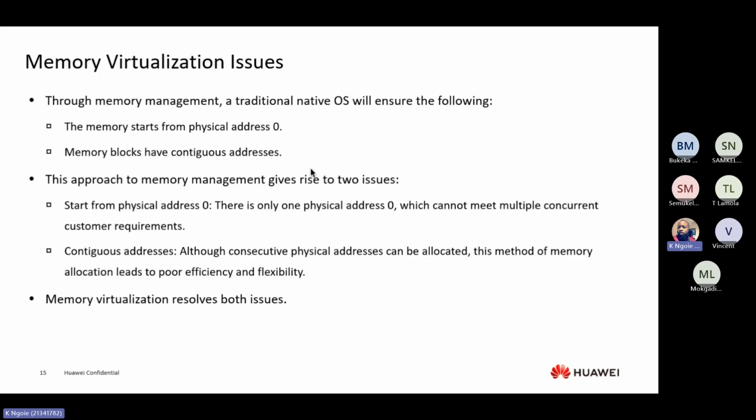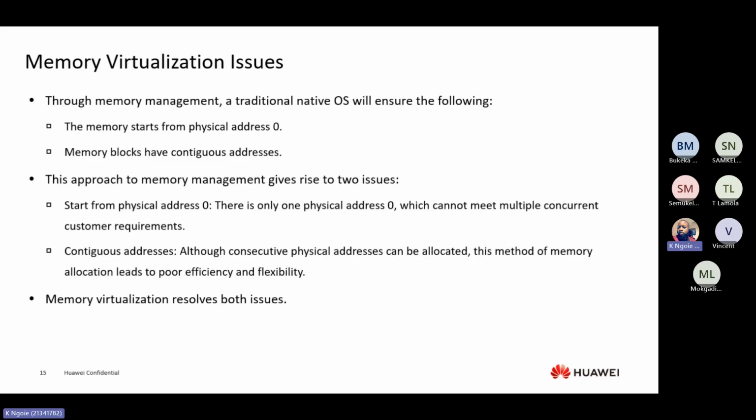All right. So the solution to this will be to use memory virtualization. Memory virtualization will solve these issues by using address mapping layers. Instead of directly using physical addresses, each virtual machine is given its own virtual address space, so that there is no overlapping of virtual address space.